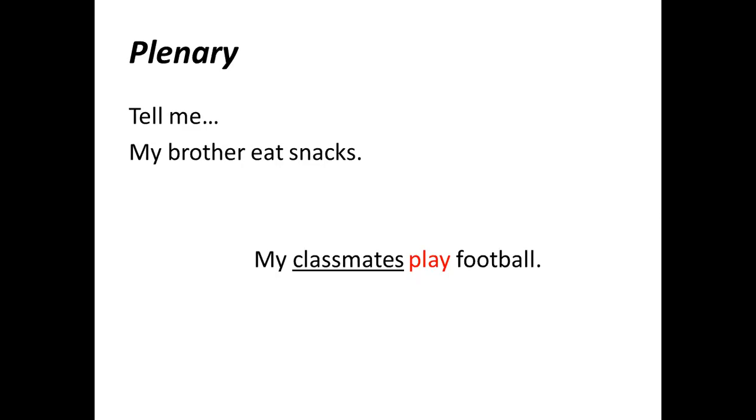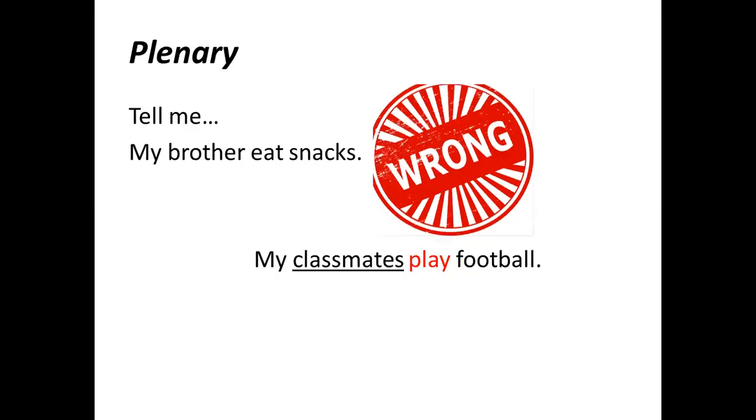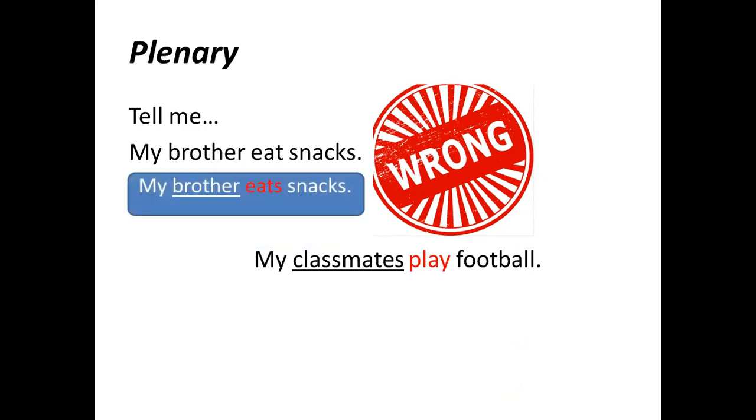Is this sentence correct based on the discussion that we had? If you say wrong, then you really understood my discussion, because this sentence is wrong. How can you correct this sentence? You will say, my brother eats snacks. Brother is singular, so it needs s in the verb.